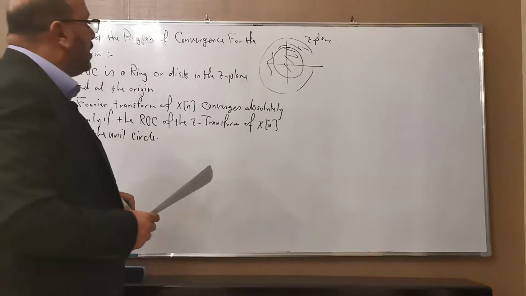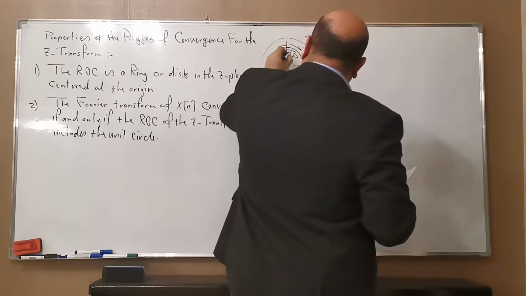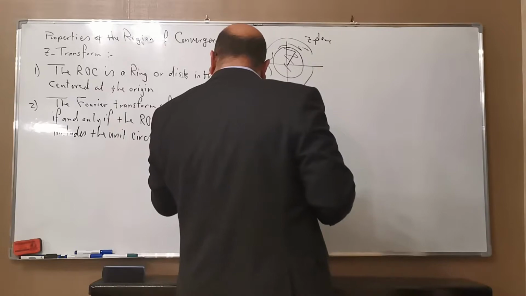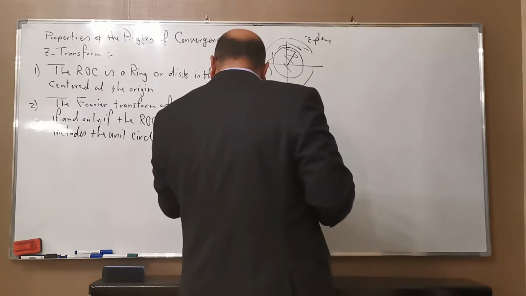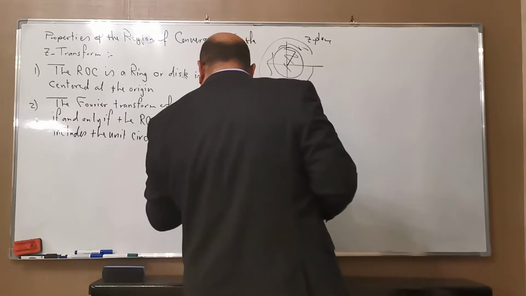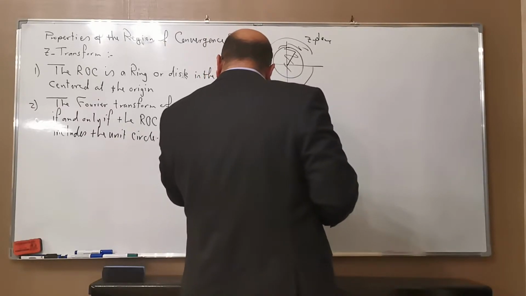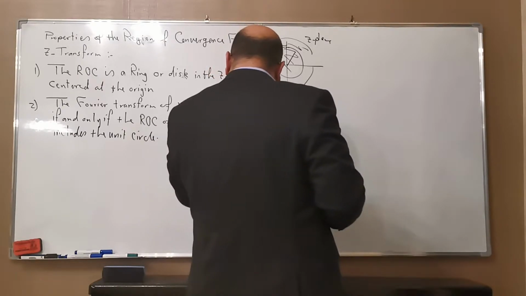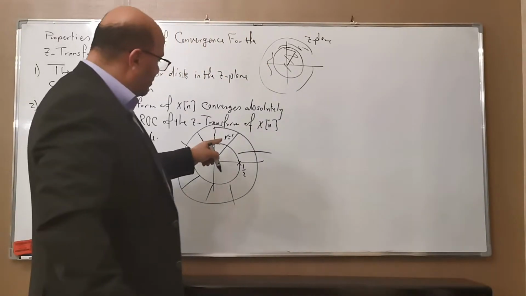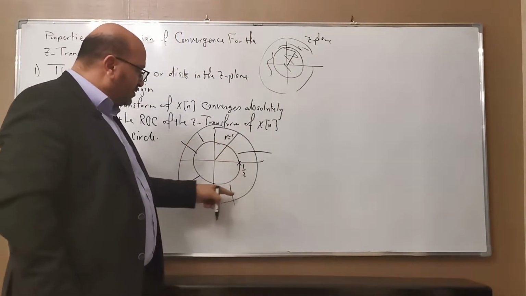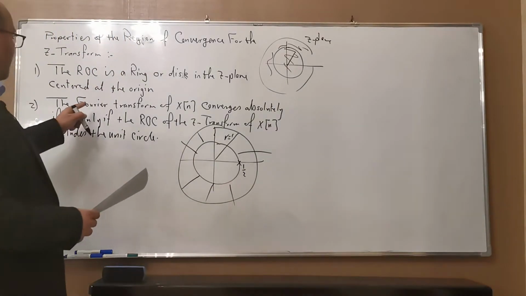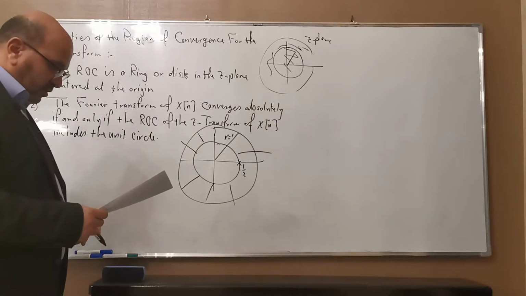So if the ROC contains the unit circle, let's say that you have a region of convergence saying that you have a pole at 1/2 and you are outside this pole. So the unit circle is with the radius r equals 1. The unit circle of r equal 1, if it is included within the region of convergence, then the Fourier transform also converges absolutely and it exists.